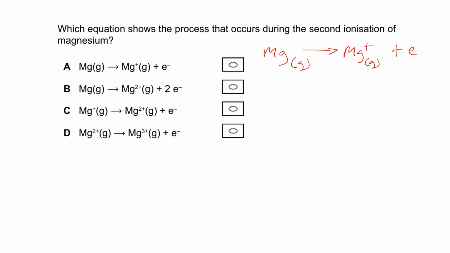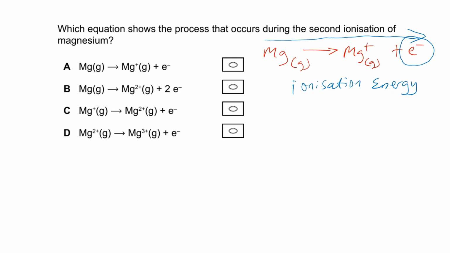The energy required to remove this electron is known as the ionization energy.